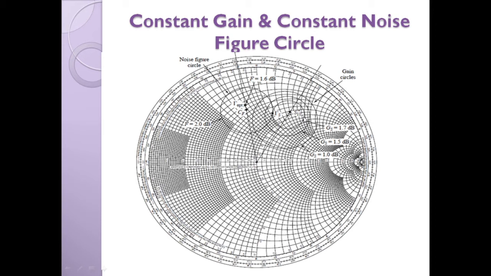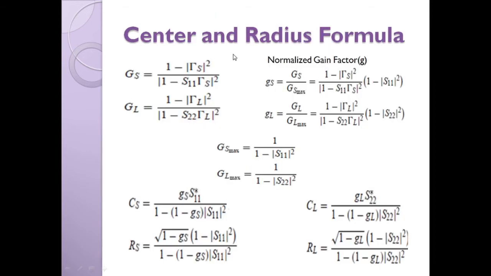Based on this noise figure of 2 decibel, I have to find out which gain is suited for this noise figure value. For that, first we have to plot the gain circle, and to draw this gain circle, these are the formulas. In the specification, you have to specify S11, S12, S21 as well as S22.